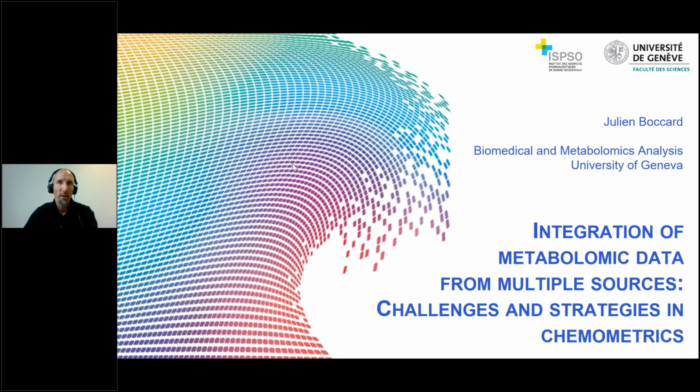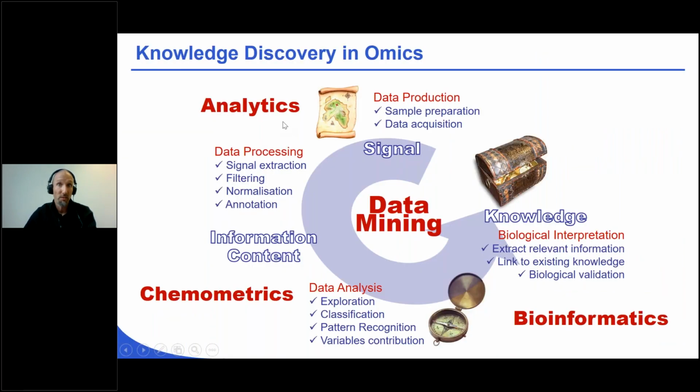I'm sure you all know that chemometric tools are important, and they are actually part of the knowledge discovery workflow in metabolomics and in other omics. Of course, the starting point is the production of high quality data based on the adapted sample preparation and data acquisition.